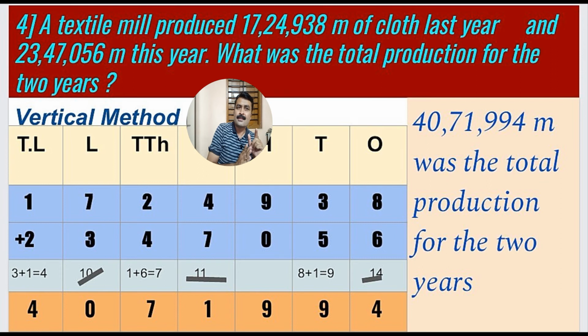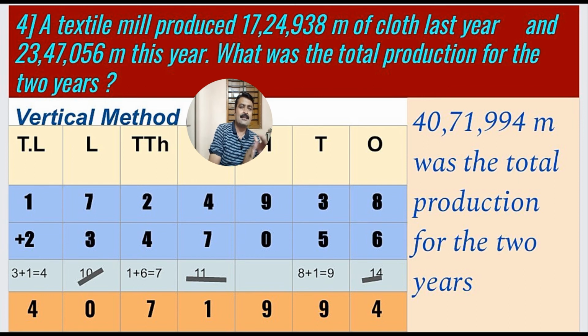So please keep in mind the answer that we calculate, it has the unit meter. It is important here. So instead of what, here I am putting the number as 40,71,994 m. M means meter, and the rest of the sentence we complete as it is.